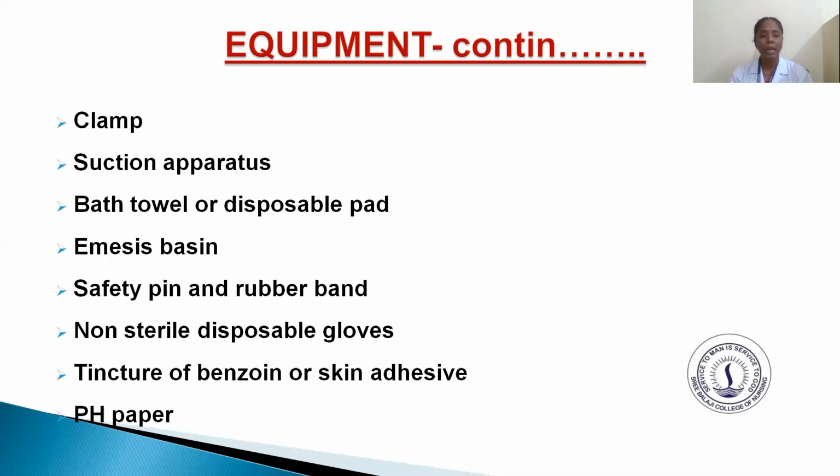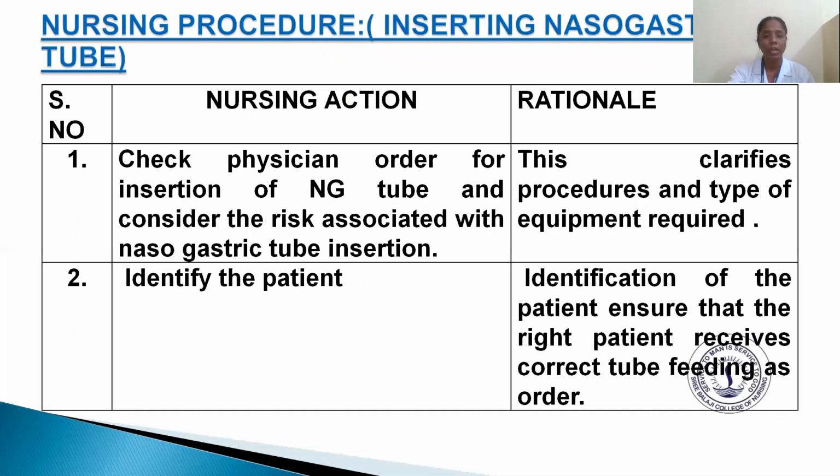Another one is a suctioning apparatus. Then a bath towel or disposable pad, an emesis basin, a safety pin and rubber band, non-sterile disposable gloves, tincture of benzoin or skin adhesive, and pH papers also. These are all the equipment needed for nasogastric tube feeding.